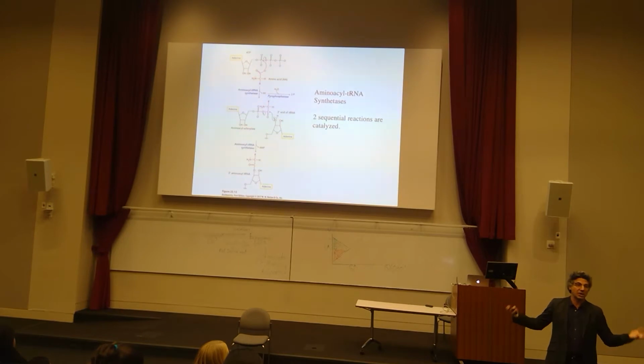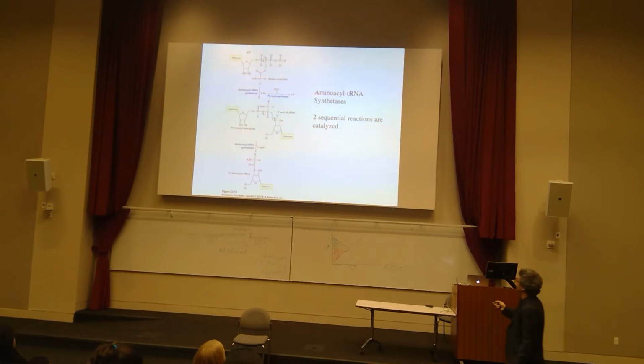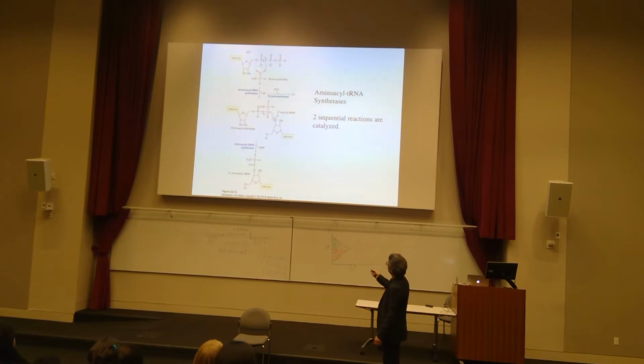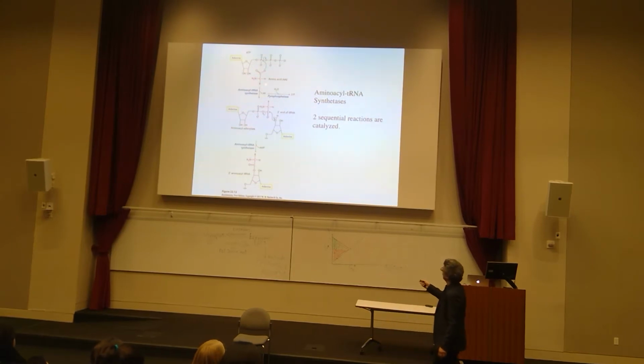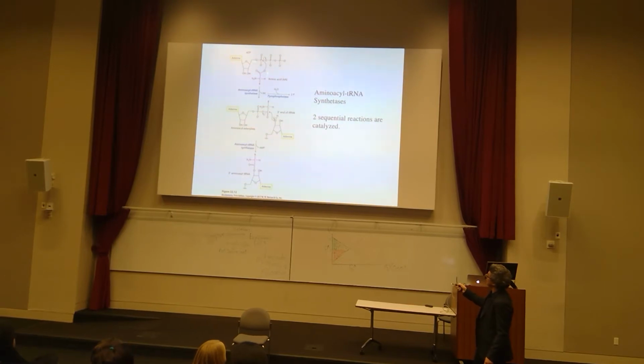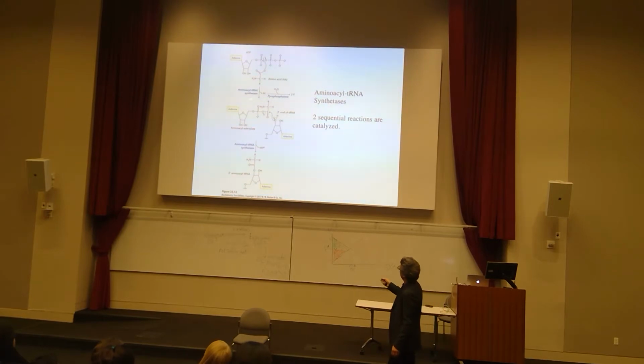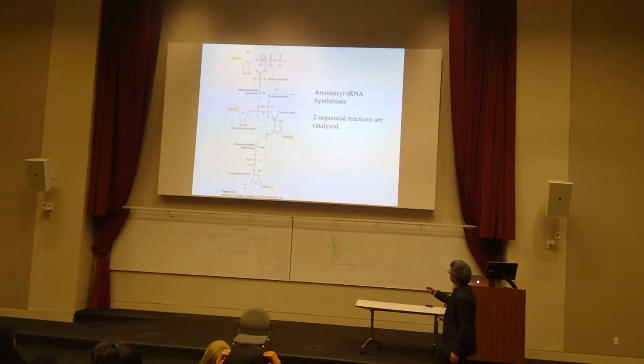There's essentially 20 of these enzymes, 1 for each of the natural amino acids. They're going to use this as their substrate, and the other substrate for all of these reactions is ATP. And the first step is to activate that amino acid by turning it into an amino-acyl adenylate.